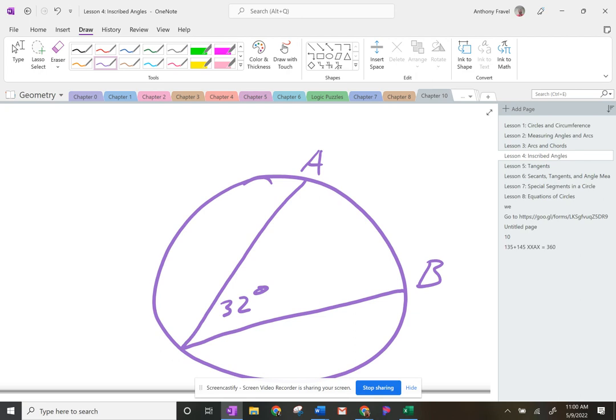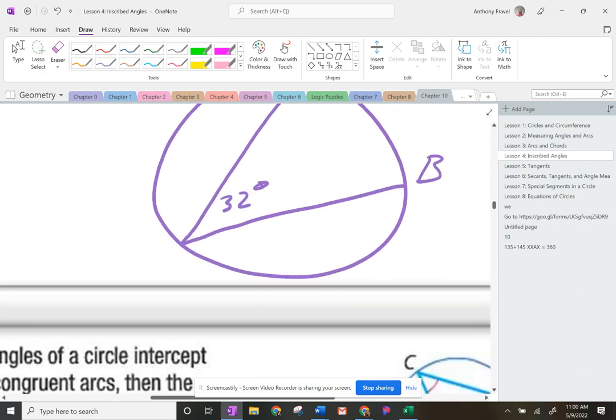Yep. Yes, ma'am. Perfect. All right, you guys got it. The length of AB is going to equal 64. All right, on to the next part.